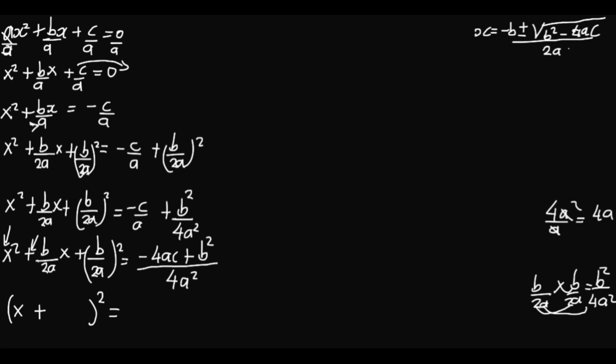Then b over 2a squared, you just get 1. So this gives us b over 2a. So this is what you do on the left side of the equation. Then here we can now rearrange where the b squared begins, minus 4ac, divided by 4a squared. After reaching this step, we can now find the square root of both sides.